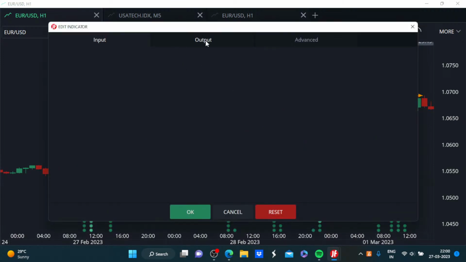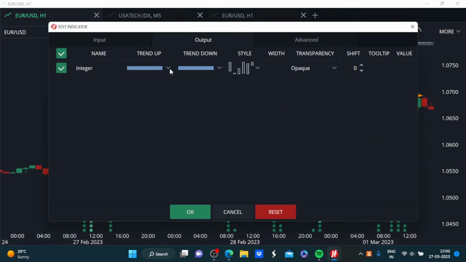In terms of the output, we can go for different color combinations. So we have all these color combinations, and also styling options. You can go for bracketing, or you can go for even full shading of the candle. Transparency can also be increased or decreased, so we have these options of different opaqueness.